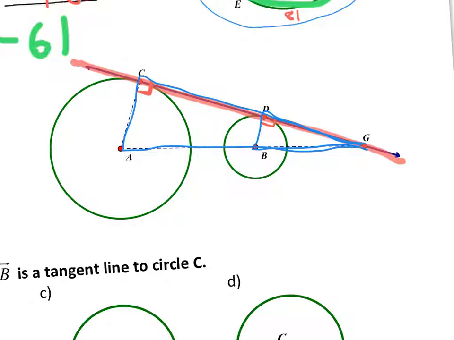Explain why these are similar. When we look at the diagram, we have this reflexive angle G. That's an angle in both triangles. So therefore, both triangles are similar because of the angle-angle similarity property.